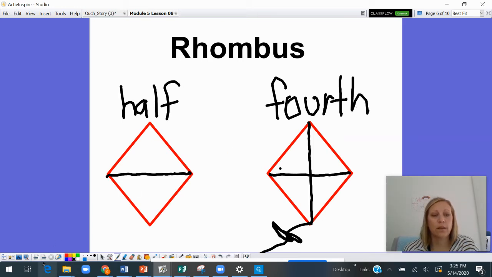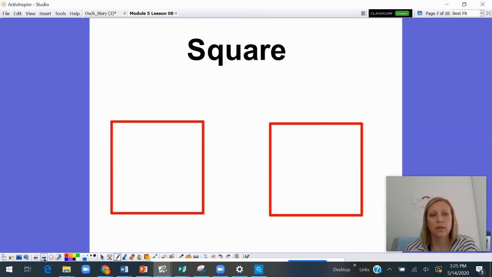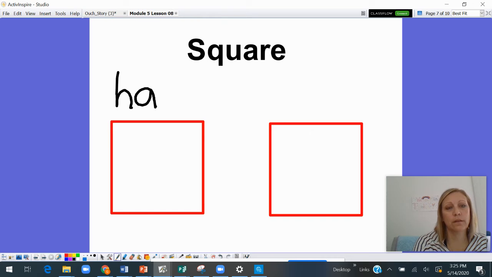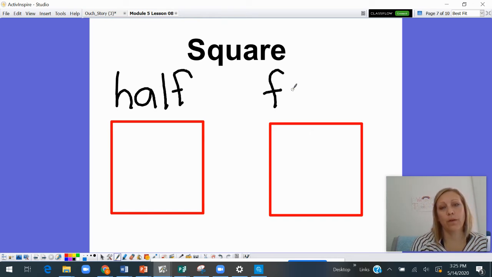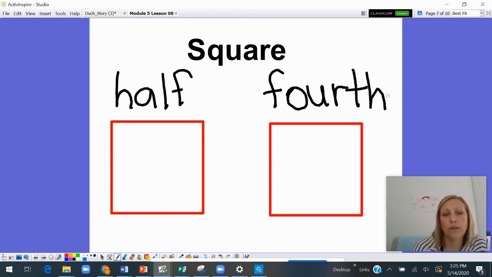Let's try one. Ooh, a square. Let's do our half and a fourth. Let's do the half first. We could probably go straight down. We can go straight across, but I'm going to do diagonal because I think it's fun.